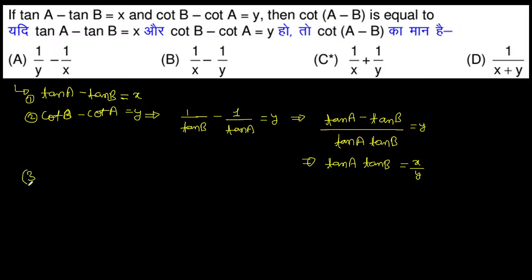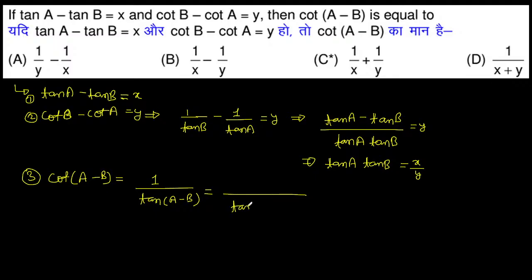Now we are going to the third. Cot a minus b, we can say it is nothing but 1 upon tan a minus b. And we know by the formula tan a minus b could be written as tan a minus tan b upon 1 plus tan a tan b.